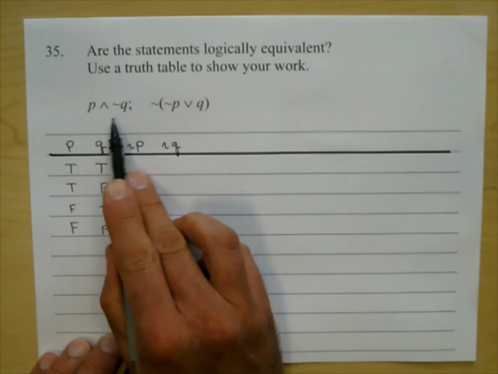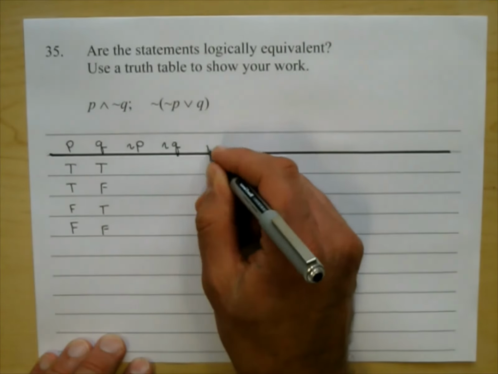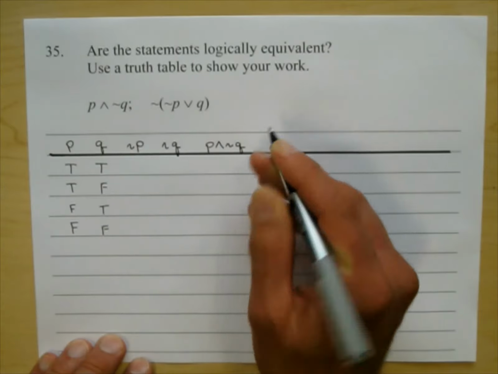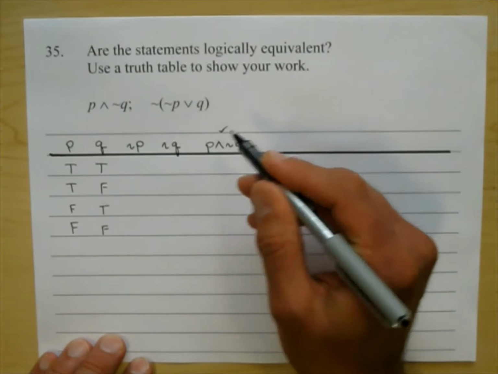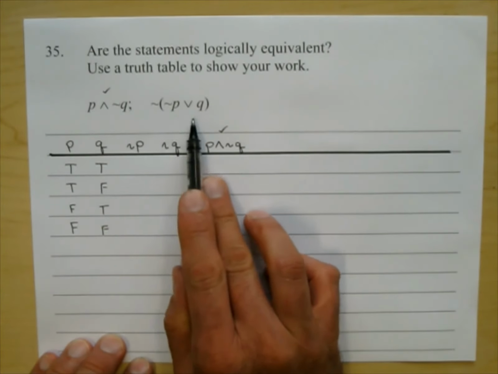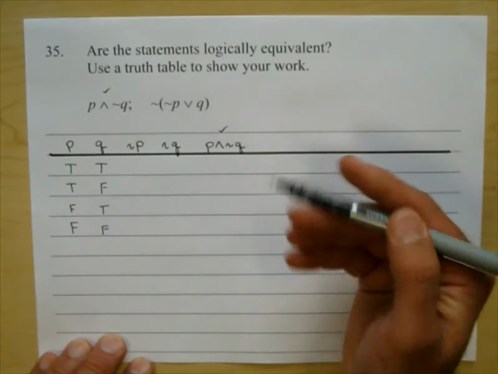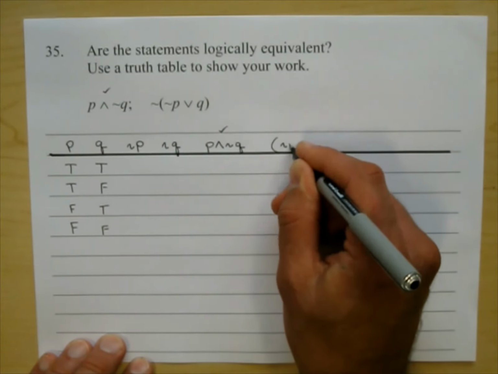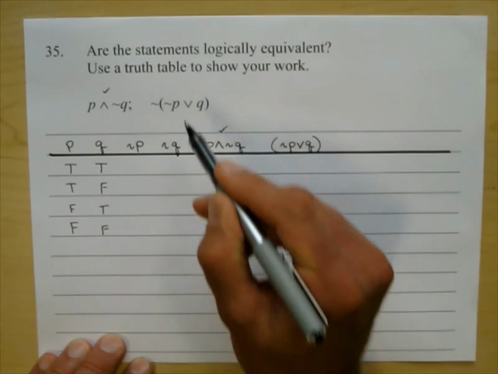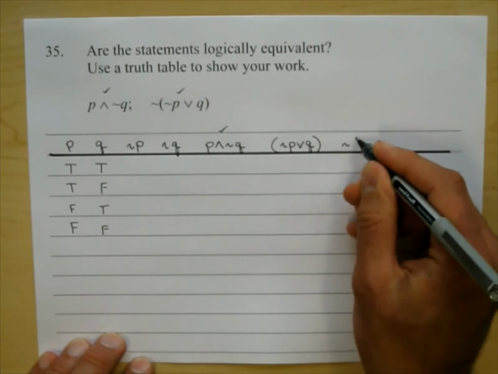So now I could actually write this whole column P and not Q because I have the not Q. So P and not Q. Okay, so that's this one we have, and it's right here. I still have to go a little more on this. I need to go not P or Q, the parentheses, not P or Q, and then this whole enchilada, which is that whole thing, so the negation of what I just wrote.